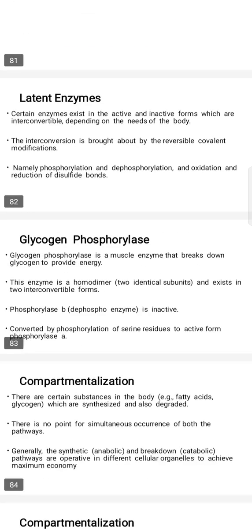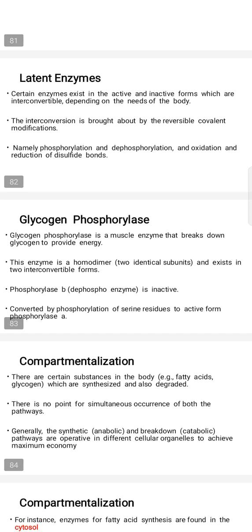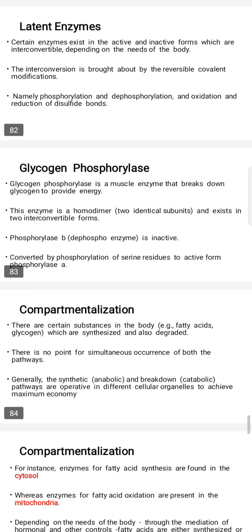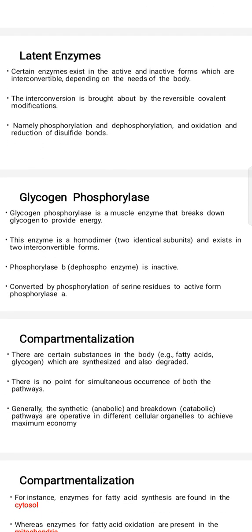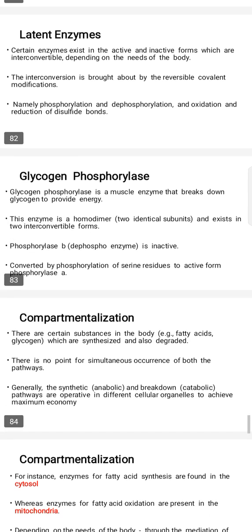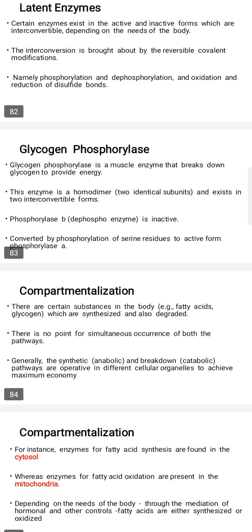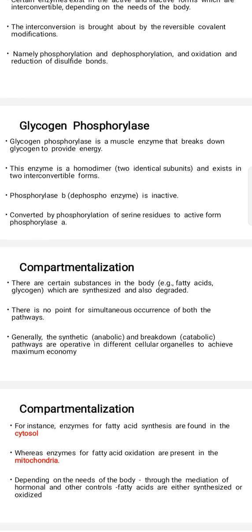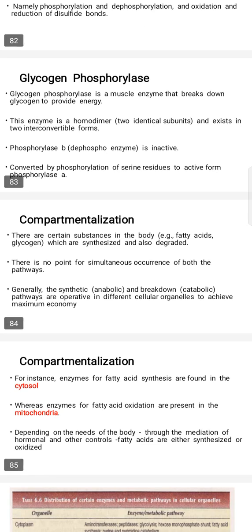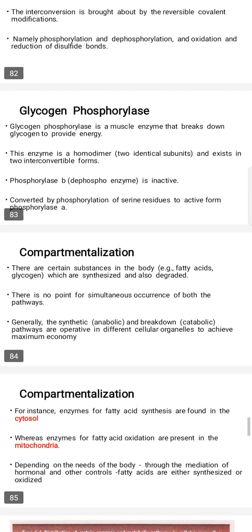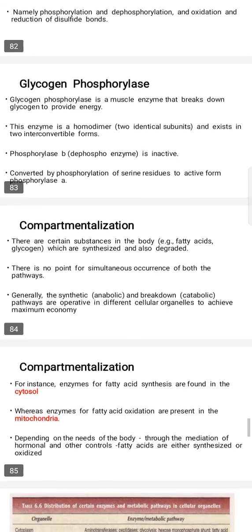So that's what latent enzymes is also talking about. It says certain enzymes exist in active and inactive forms, which are interconvertible depending on the needs of the body. The interconversion is brought about by reversible covalent modification, namely phosphorylation, dephosphorylation, and oxidation reduction of disulphide bonds. So you can search for more information on it when you are free.